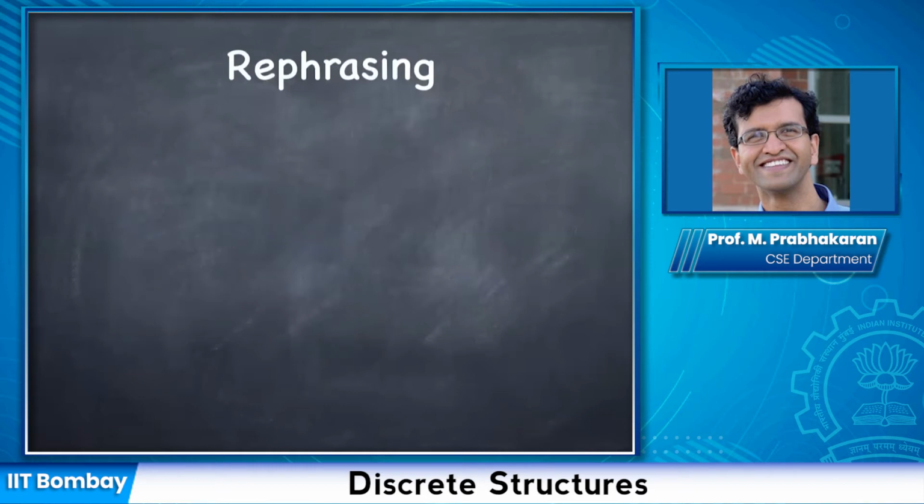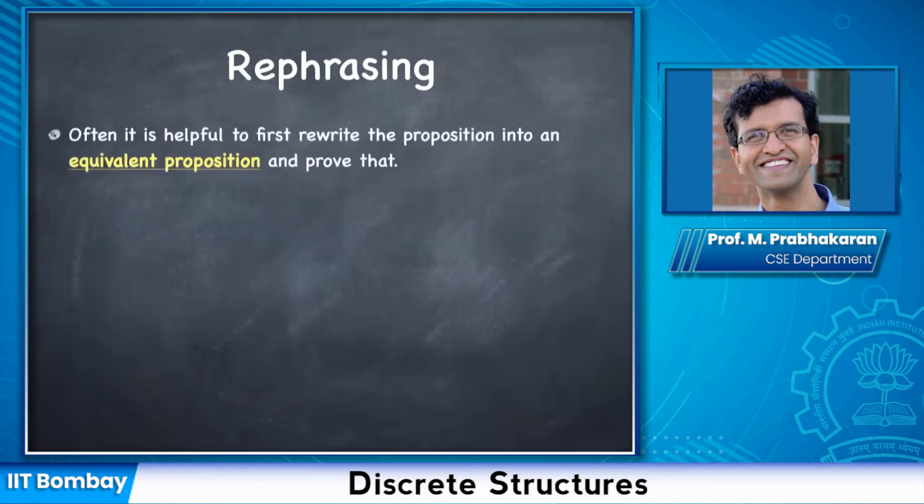A very useful way of doing proofs often is not to start with the statement you're supposed to prove directly, but to rephrase it into an equivalent proposition, and then prove this equivalent proposition. So this is what it looks like. You start off with the original proposition you're supposed to prove, you write down an equivalent proposition, which I'm calling P equivalent.